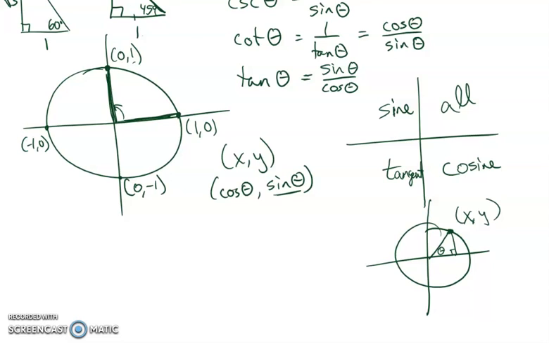Okay, well, I know that this is a positive x value, this is a positive y value, and this, which is 1, is always positive because the radius is always positive and has a length of 1. Okay, so I know that all 3 ratios, whether I do y over 1, x over 1, or y over x, okay, or any of the reciprocal functions, all of them are going to be positive.